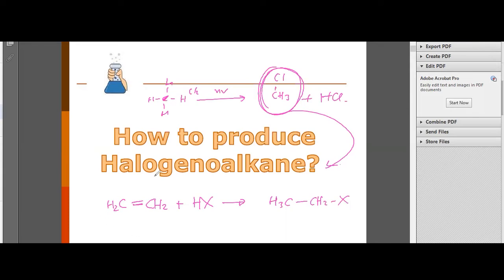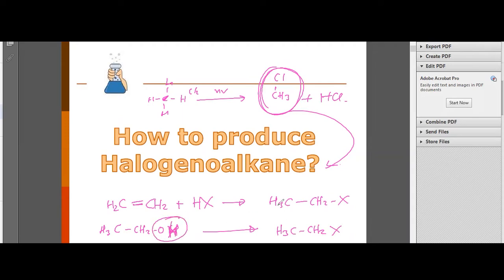The third way, we will discuss at the next video, I mean about chapter 17. It is from alcohol. For example, if I have ethanol, CH3CH2OH, we can change this to halogenoalkane by nucleophilic substitution of the OH group.